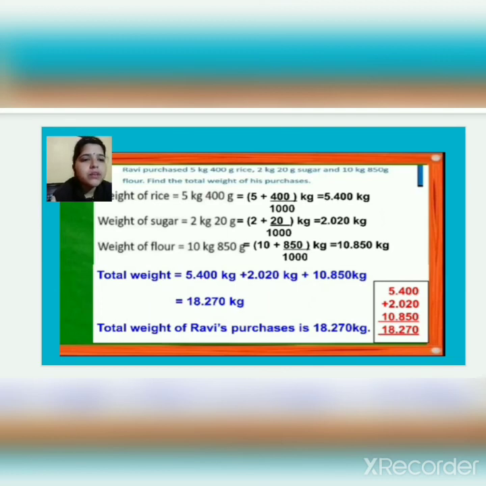So when we add, we will get 18.270 kg. So total weight of Ravi's purchases is 18.270 kg. Okay, so I hope this is very clear to you.